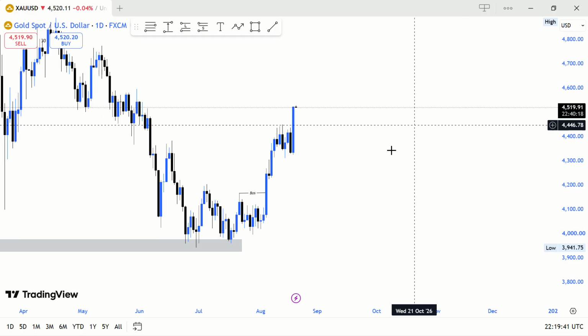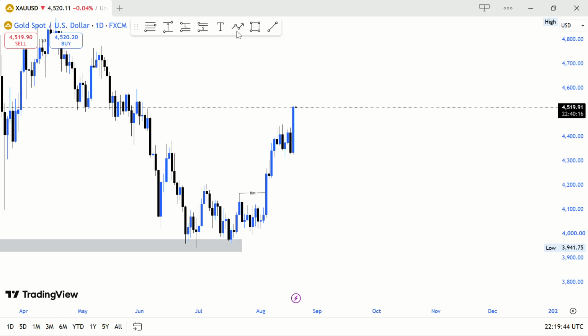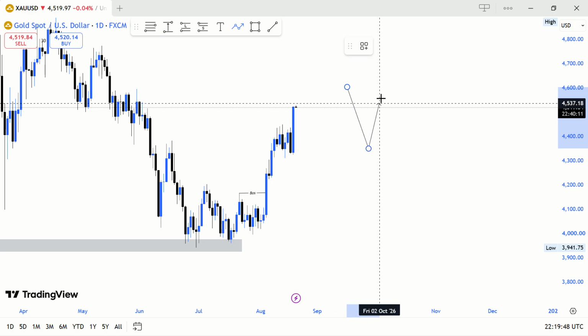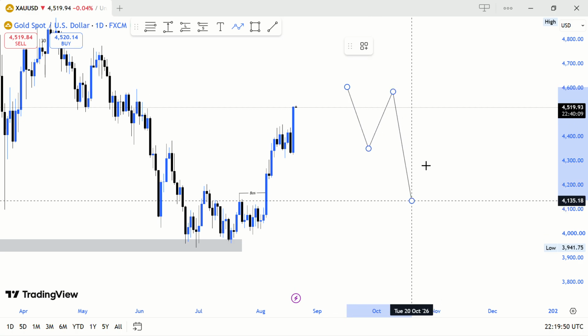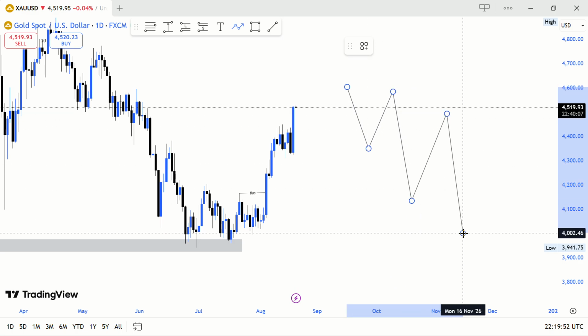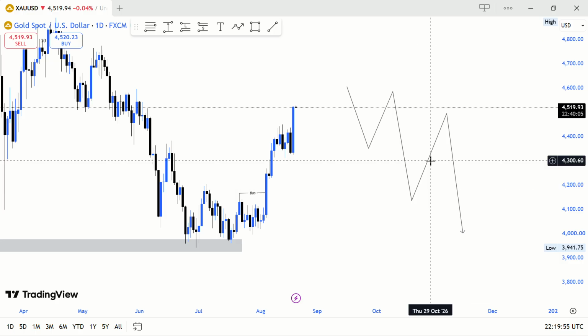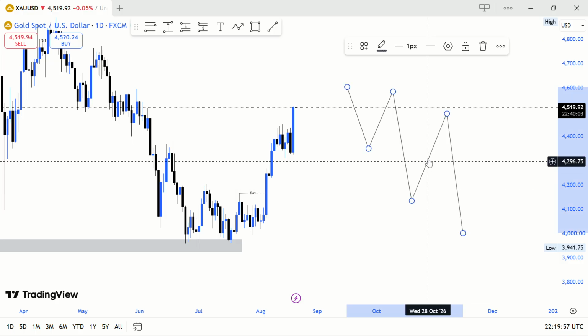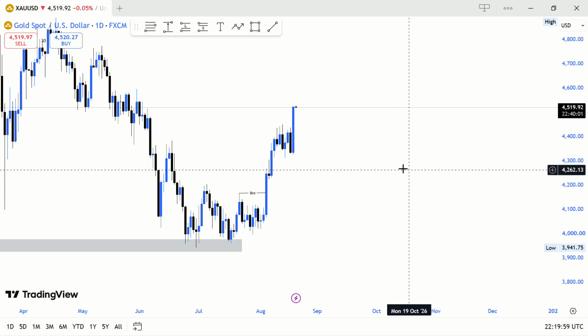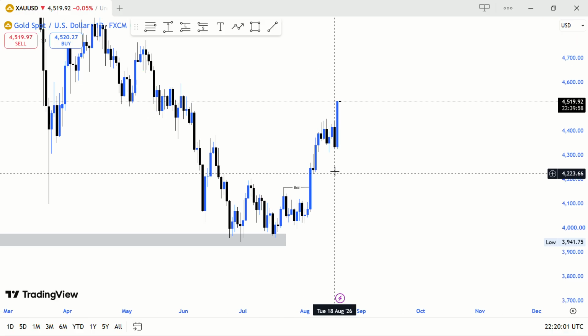For those that don't know, a bearish trend will be like this. So bearish is for a down movement and bullish is for up movement.